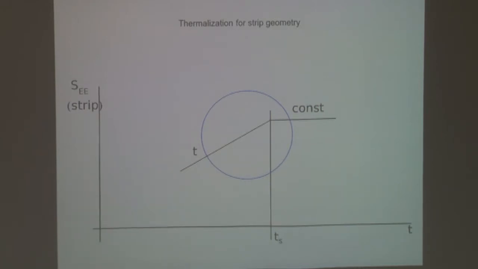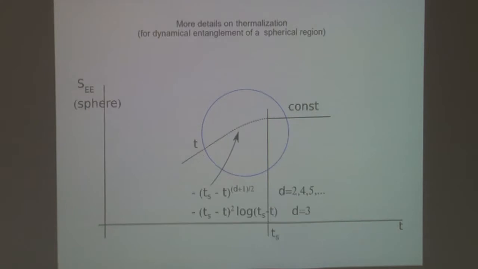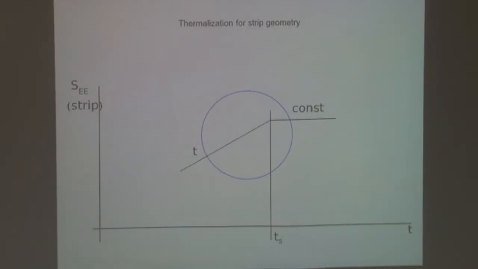That was for an entangling region which was a sphere, and if you go to a strip, then the linear behavior and the asymptotic, saturation behavior, from the holographic point of view, don't seem to quite smoothly match.